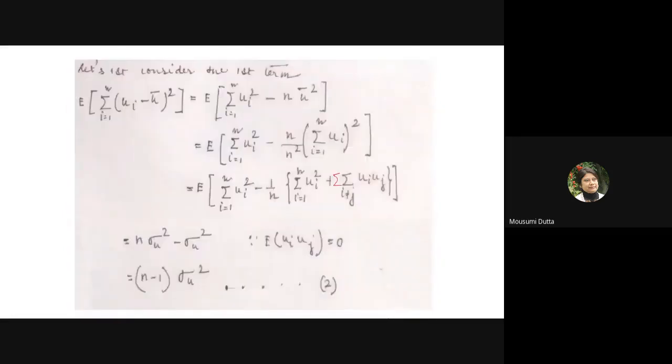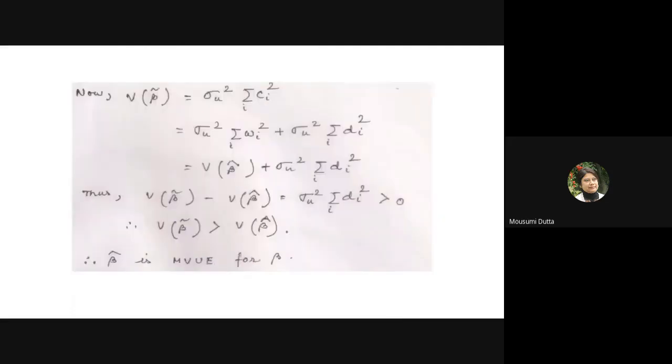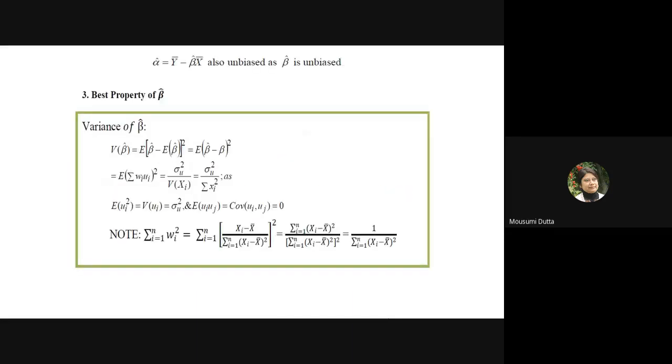Now, in the variance of beta hat formula, we had sigma u square divided by summation (xi minus x bar) whole square. So this sigma u square will be replaced by su square. If we do not have any knowledge about sigma u square, we have to replace it by su square.